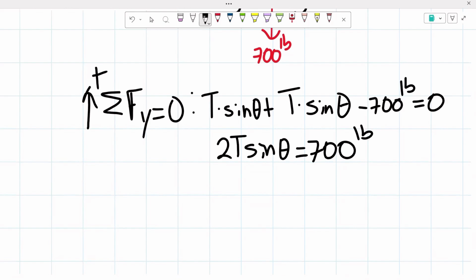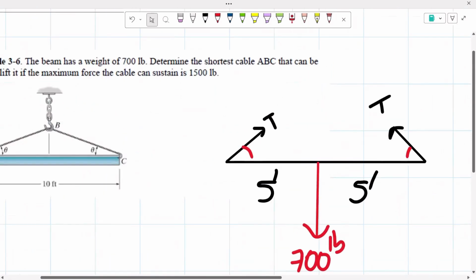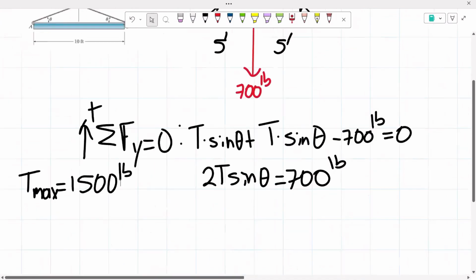From there, we know that the T max is 1,500 pounds, because the problem says that the maximum force the cable can sustain is 1,500 pounds.